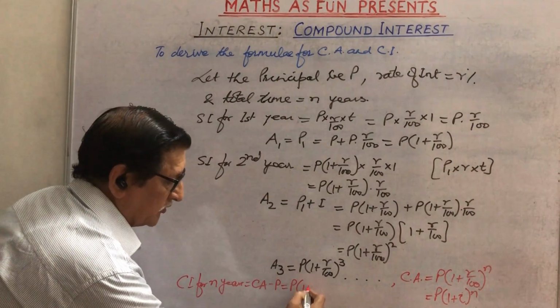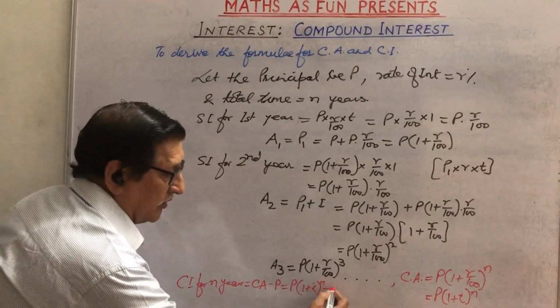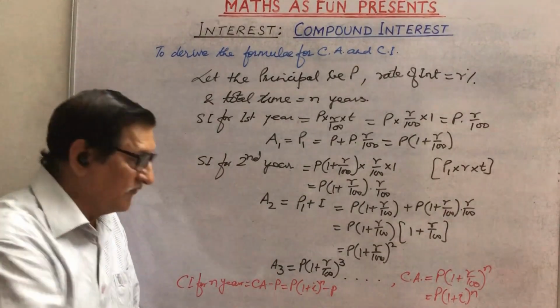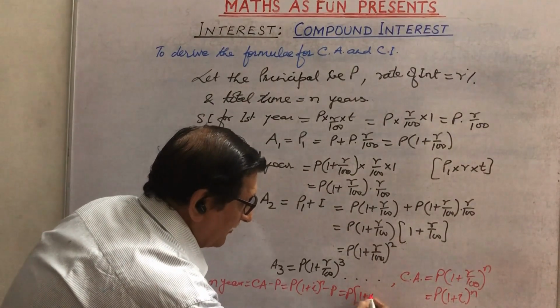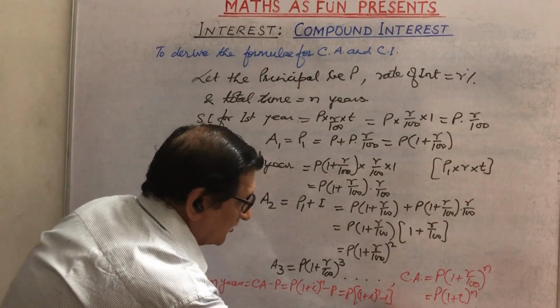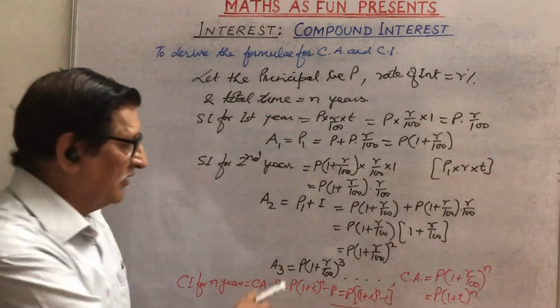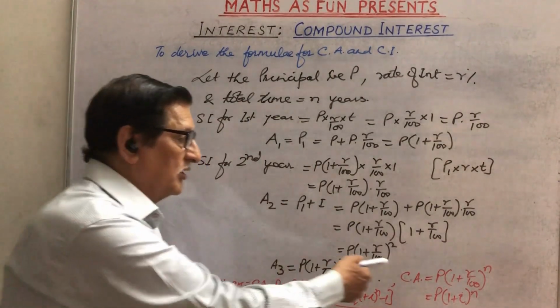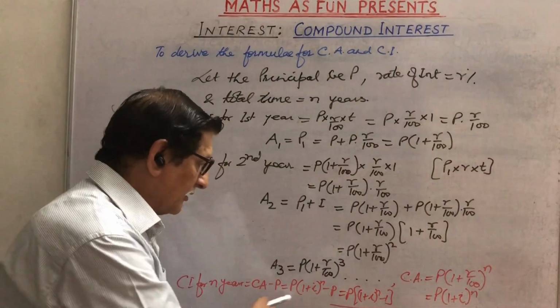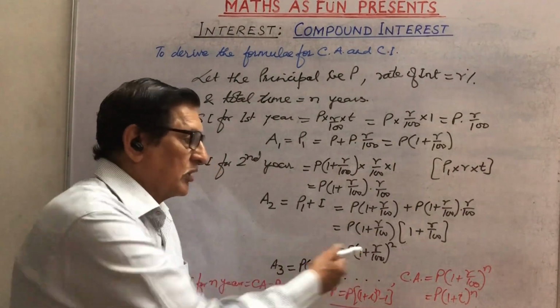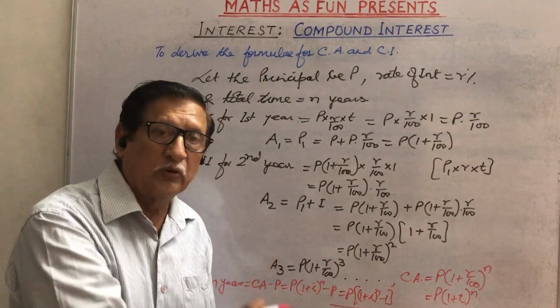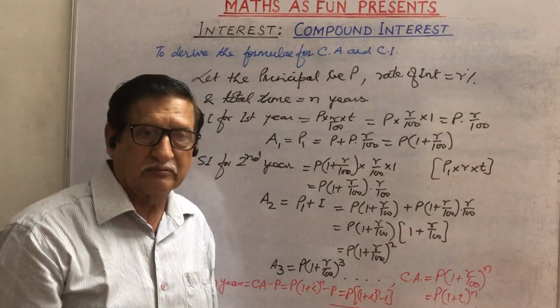Will that be P into 1 plus i to the power n minus P? If we take P common, will it be 1 plus i to the power n minus 1? So we have learnt now how to derive the formulae for compound amount and compound interest. We can apply them directly to calculate the compound amount and the compound interest for a given period.